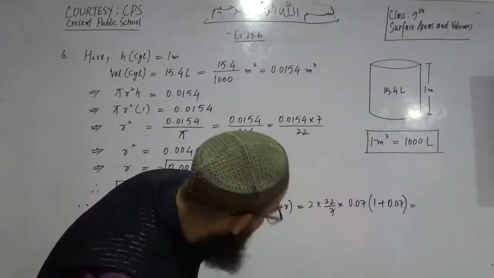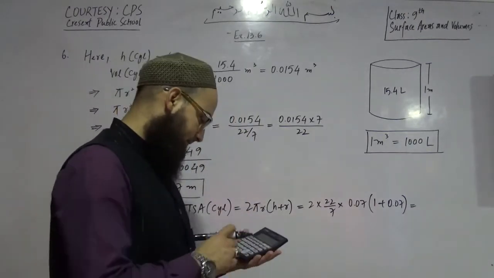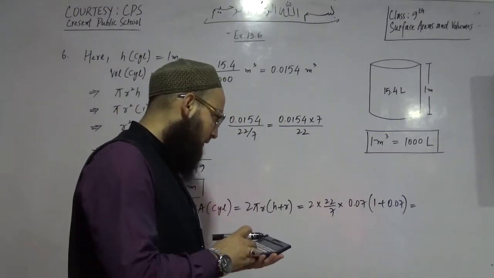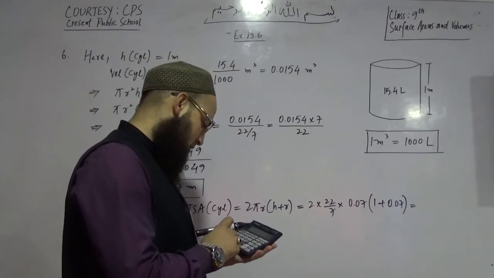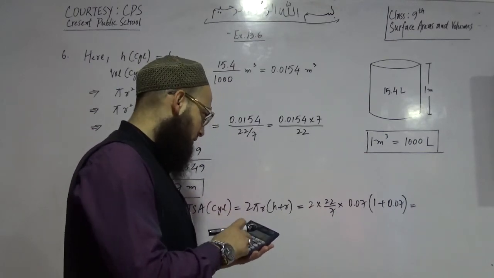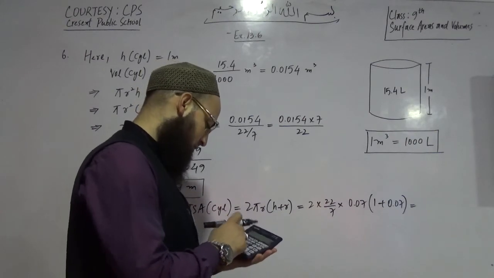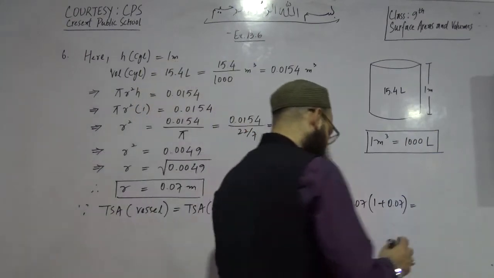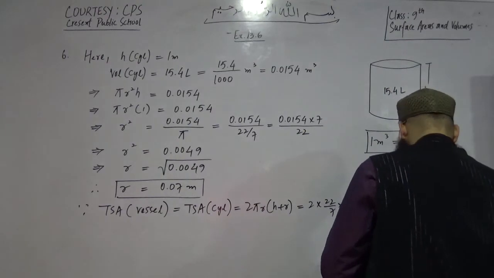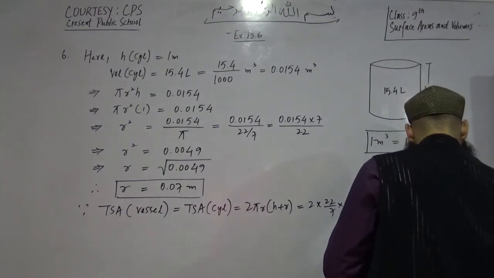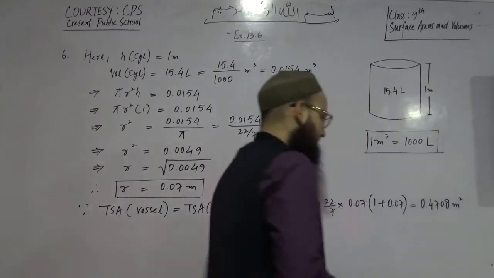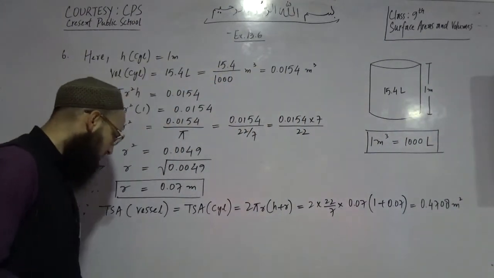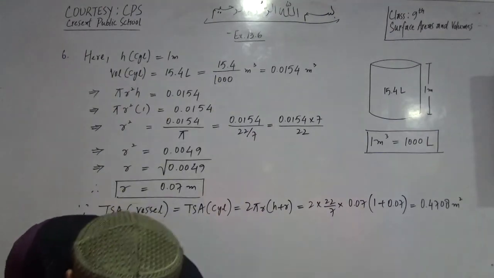That is your total surface area. Let me solve this. That gives 0.4708 square meters.